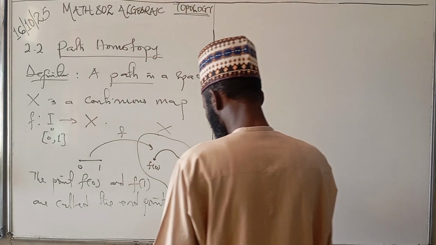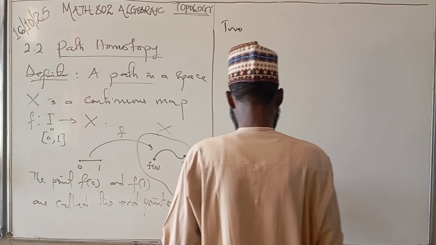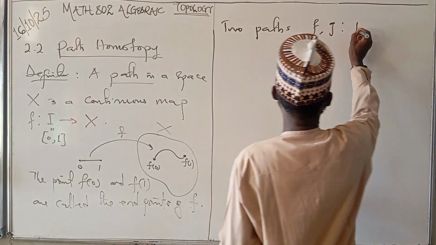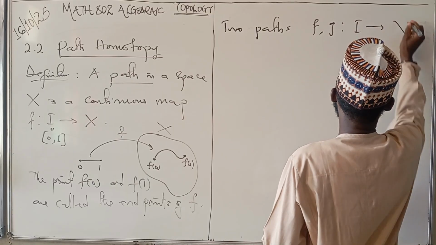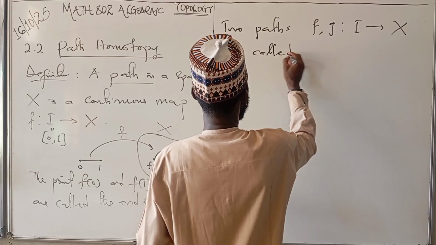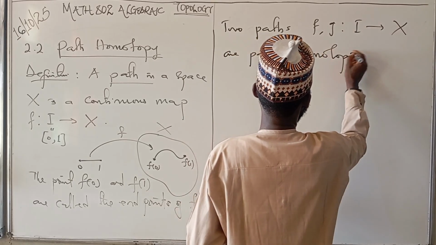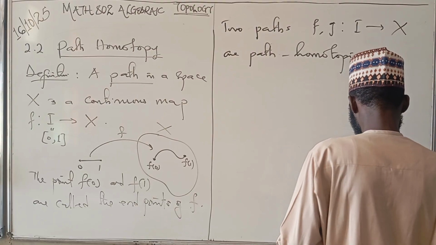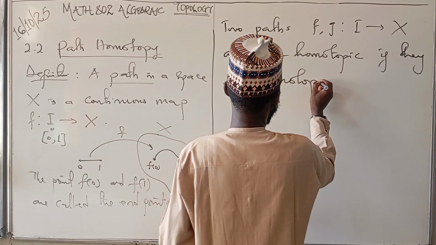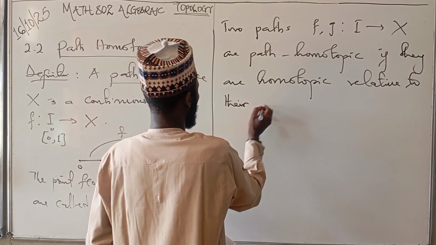So two paths F and G, well, paths are continuous mappings, as we have just said, are called path homotopic if they are homotopic relative to their endpoints.